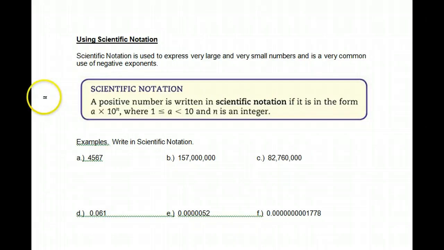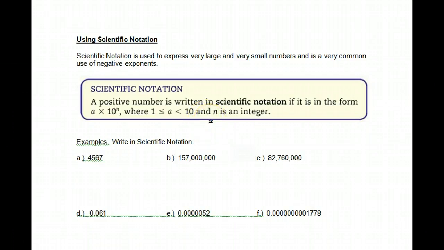So, scientific notation takes a positive number, and it's written in scientific notation if it is in the form of a times 10 to a power, where a has to be greater than or equal to 1, but smaller than 10.